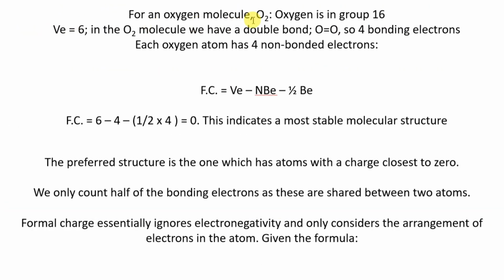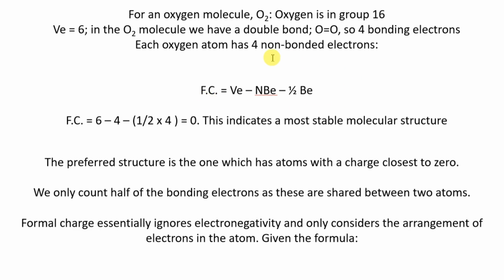For an oxygen molecule, O2, oxygen in group 16, valence electrons is 6. In the oxygen molecule, we have a double bond, so 4 bonding electrons. Each atom has 4 non-bonded electrons.